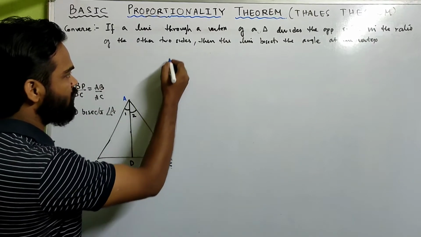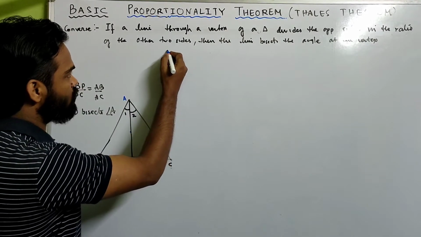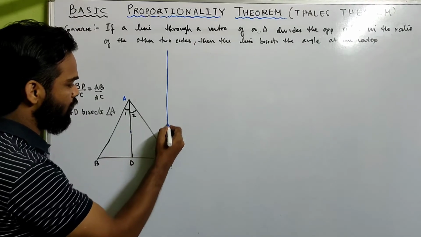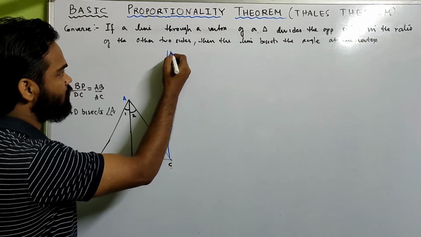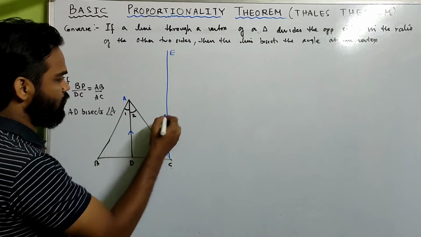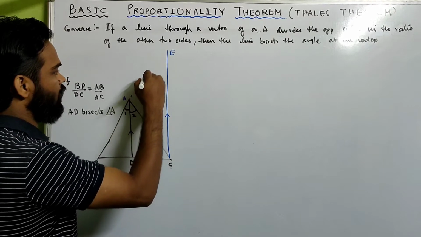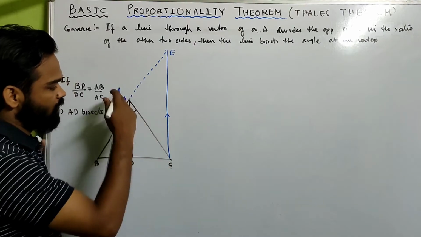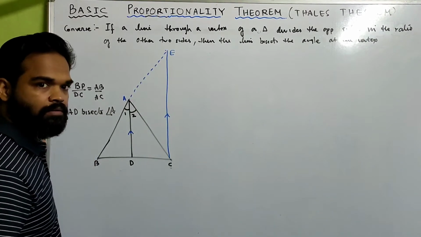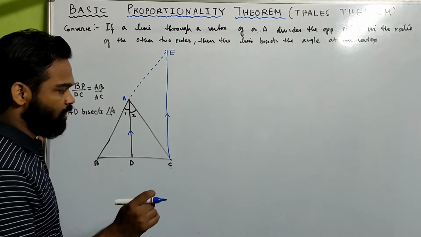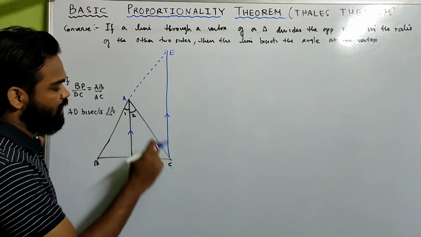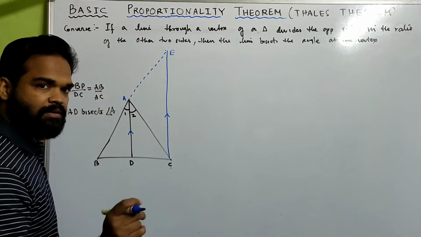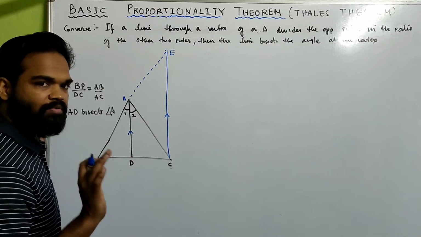Same as before, I'll draw, suppose, a line EC parallel to AD, and I'll join A and E. So I'll get a triangle AEC. My main motive is to prove that ACE is an isosceles triangle. Our work will be done.